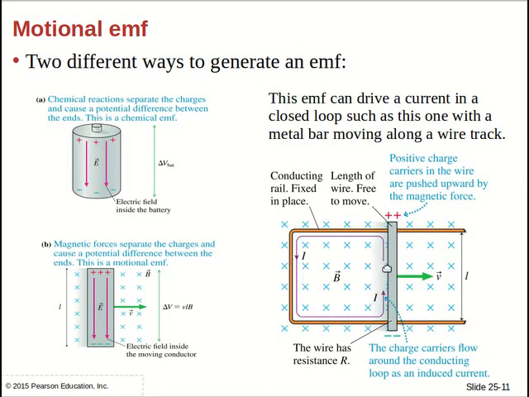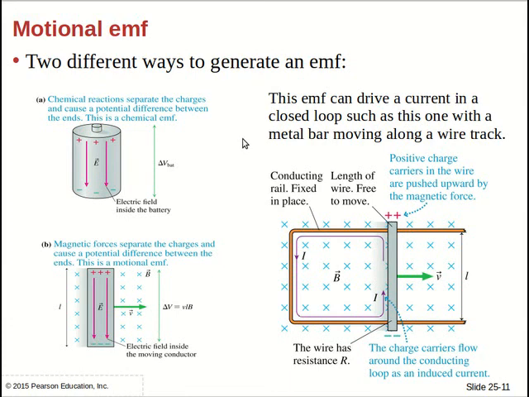As long as the bar is moving, there is a charge separation induced by the magnetic force which causes a current to flow around the loop. And the current will continue flowing as long as the bar is moving. But as we're going to find, it's not going to move on its own. In fact, it requires a force to pull the bar along, because it is generating electric current, and the energy for that current is coming from the energy supplied by whoever is pulling the bar.